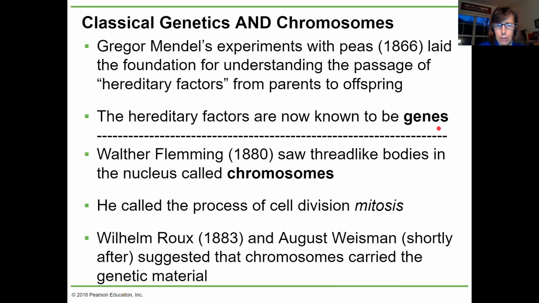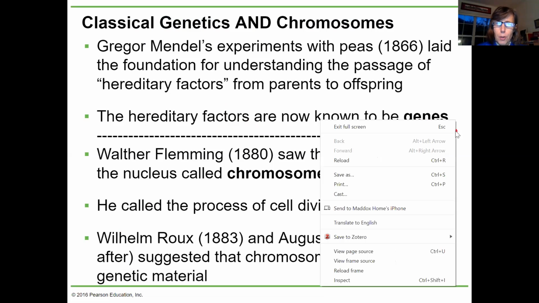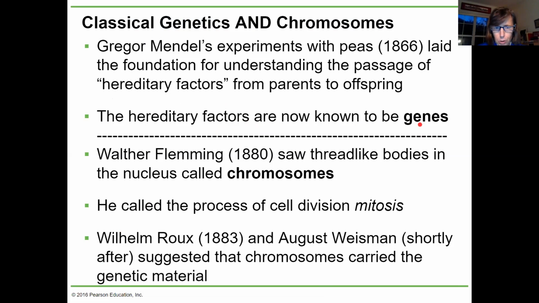We know them as genes. There were these factors that impacted heredity that we call genes, and there was also something that they could see through the microscope that later became known as chromosomes, and the chromosomes were composed of the genes.